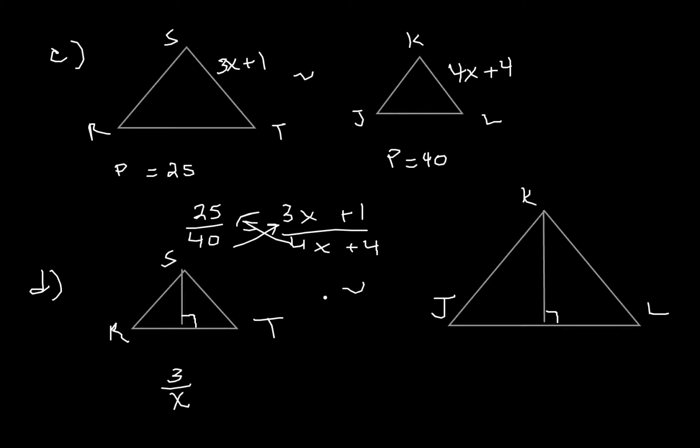So these are perpendicular. SU is x minus 4. And this other guy over here is 15. They just tell us right on out what that guy is.